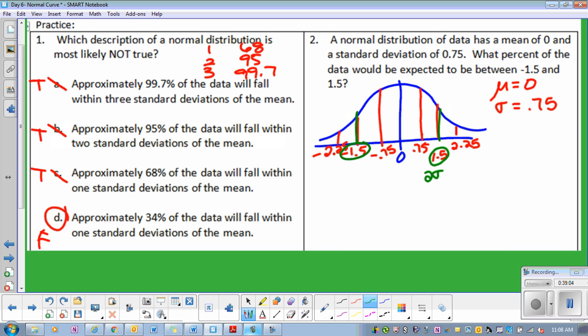Isn't that 2 standard deviations below? What percent for 2 standard deviations from the mean? What percent of data is this, guys, according to the empirical rule? According to the empirical rule, 2 standard deviations is 95%.